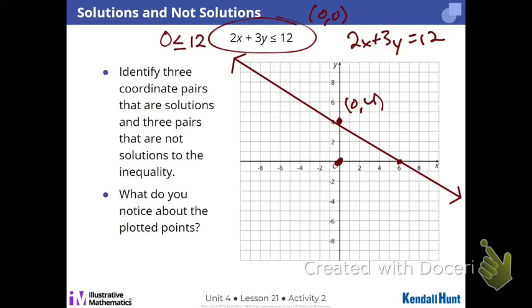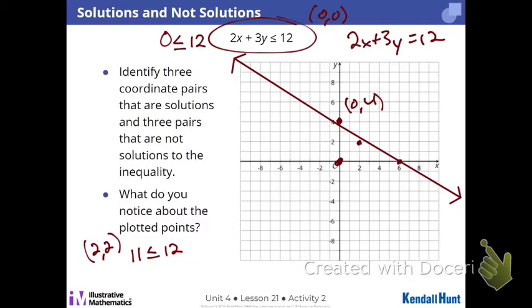Just something close to the origin to test out. It needs an ordered pair, right? (2, 2). Okay. So (2, 2) would give me 4 plus 6, which is 10. So does (2, 2) work? It does work, because 10 is less than 12.